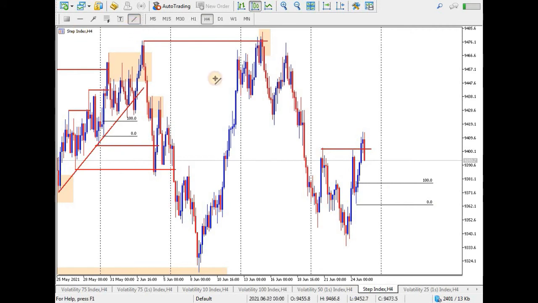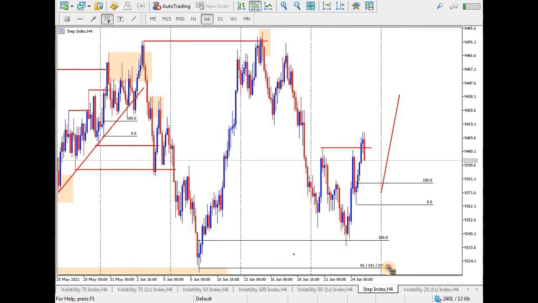That's where you look for your buy entries, and the market will continue going up. Why? Because they've also taken out the market structure. This lower low was taken out by this lower low. Why? Because the dealer was coming back to the previous order block area. As you can see, this was our order block area zone.